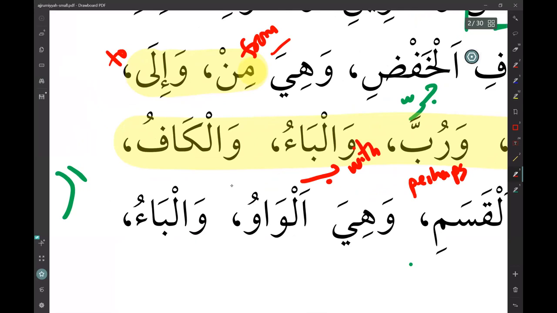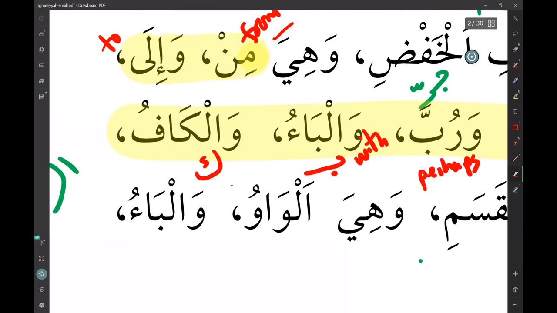Kaf, this is the letter kaf. It has the meaning like, when you compare something, he's like a lion, you're comparing him with the lion. So this kind of comparison is like, as.